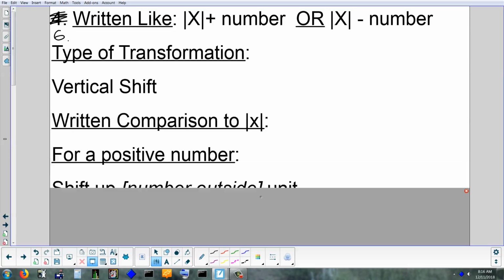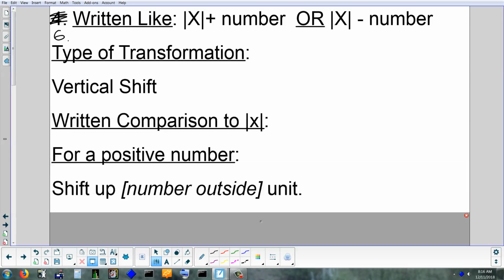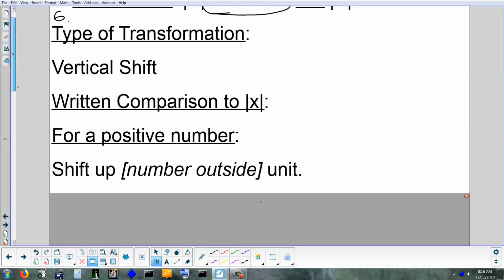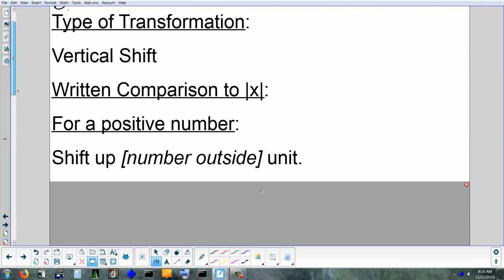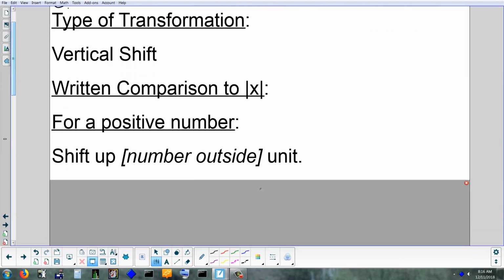All right, so this one, there are 2 directions that you can move. Positive number, like this: x plus a number shifts up. You guys, on your notes, you can save yourself some space. Rather than writing for a positive number, I might just write plus, put a little colon, and then write that description.